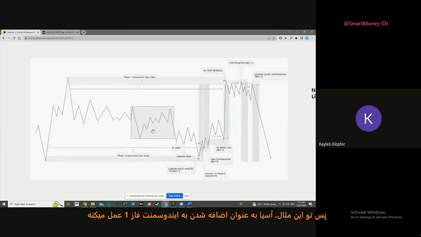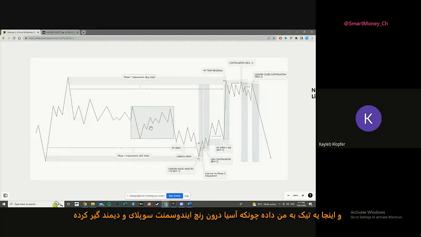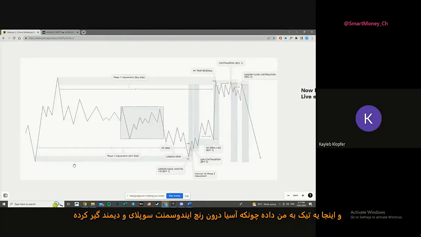So in this case, Asia acted as phase one inducement for sells and for buys. Okay, we have buy side liquidity up here and sell side liquidity down here. So very important to see what Asia's doing, and it's a tick for me because I'm seeing that it's encapsulated within inducement ranges for supply and demand.